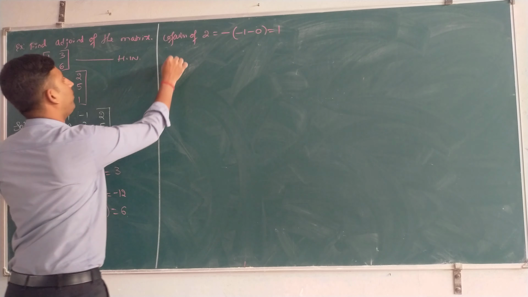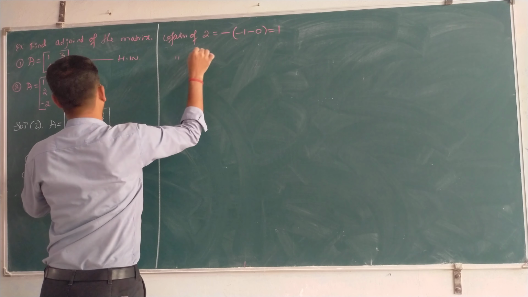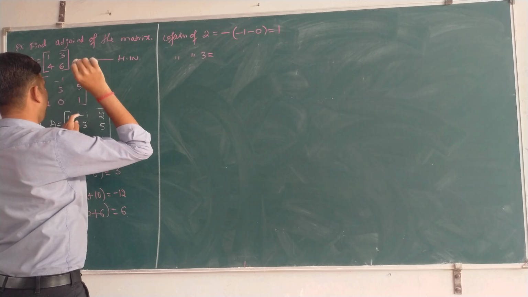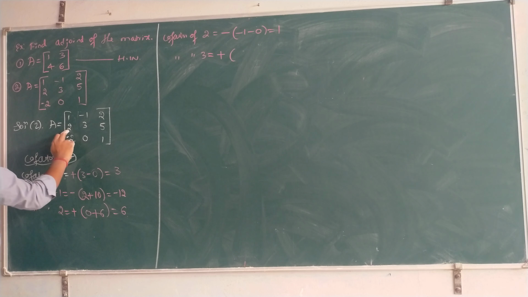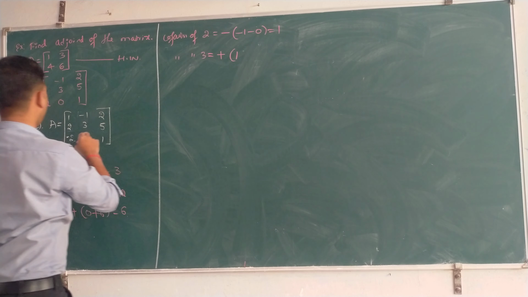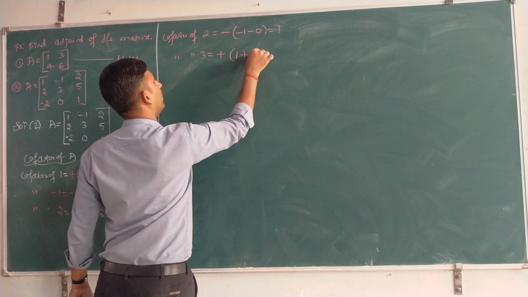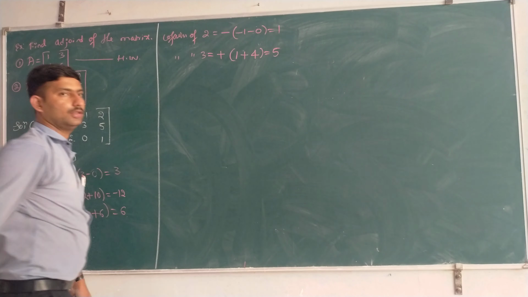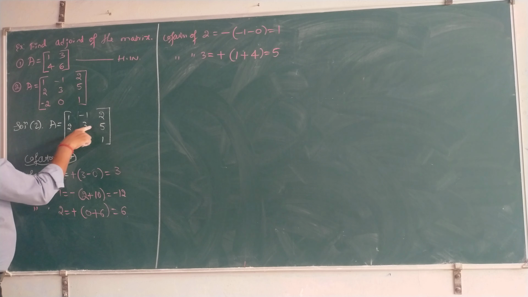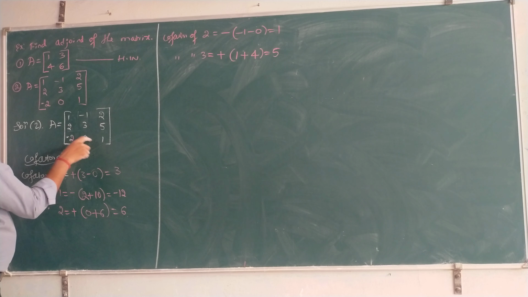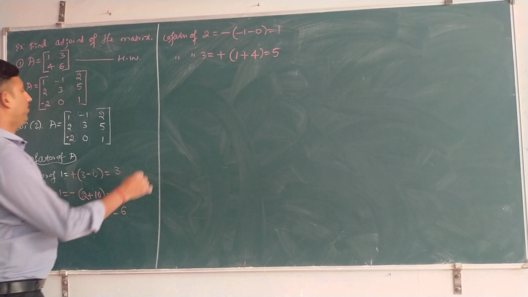After that, cofactor of 3, position is plus. This row eliminated, this column, 1 into 1 minus of minus plus 4, which is equal to 5. Correct? What are the values?